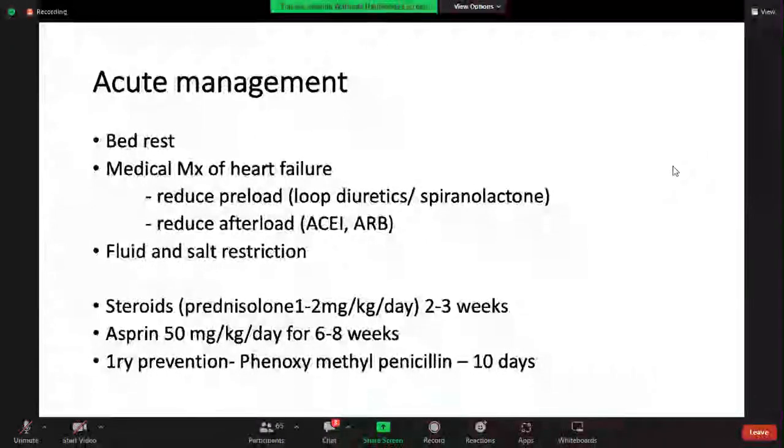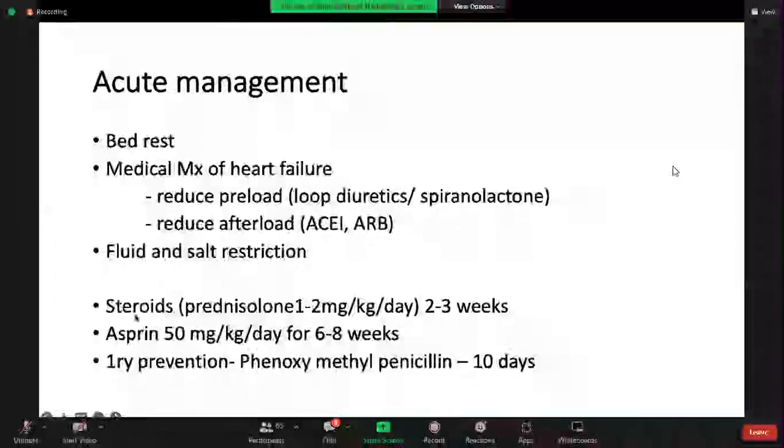So you are using loop diuretics, spironolactone to reduce your preload, and afterload by using ACE inhibitors and receptor blockers. Right. What else? I have given it here, basically the management. So bed rest is important and you have to reduce the cardiac overload by restricting fluids.